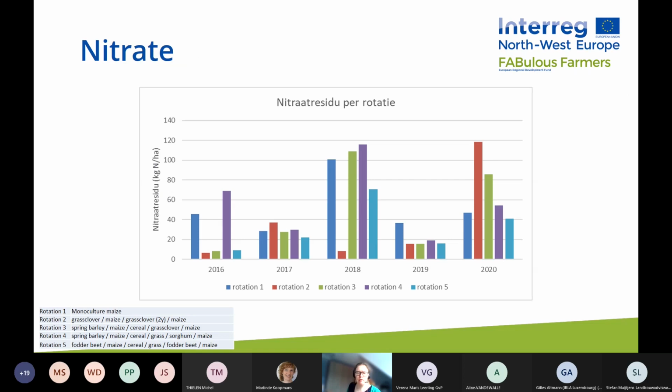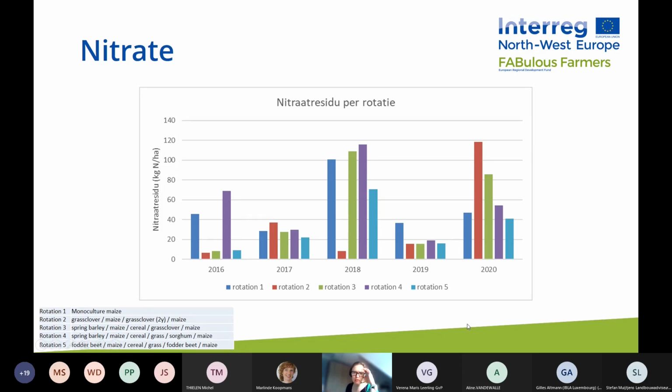Another view on the nitrate residue here for all the years in the trial till now, and then you see that there is much more variation in between the years on this nitrate residue than when you compare to the differences within 1 year due to the different rotations.